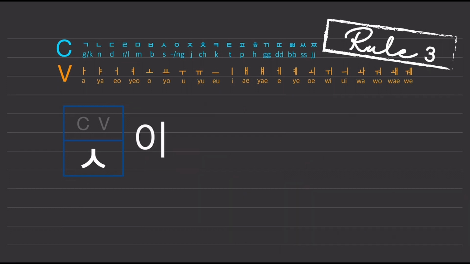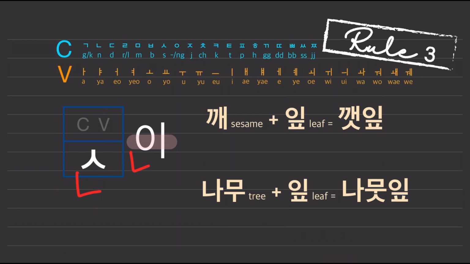Last one. If there's a sa-i-shi-ot and the following letter is e, 시옷 and e both are pronounced n sound. There are two examples. First one, 깨 plus 잎, 깻잎. When we combine 깨 and 잎 together, 사이시옷 is added, so it becomes 깻잎.